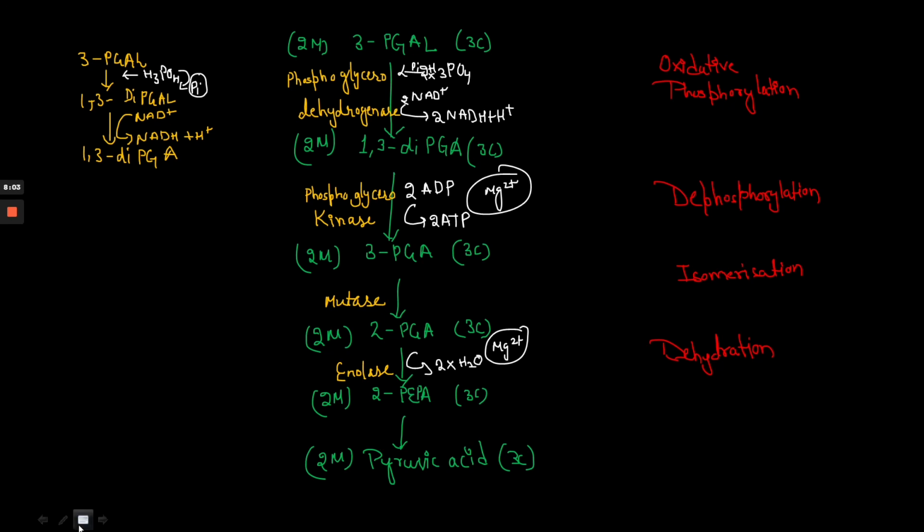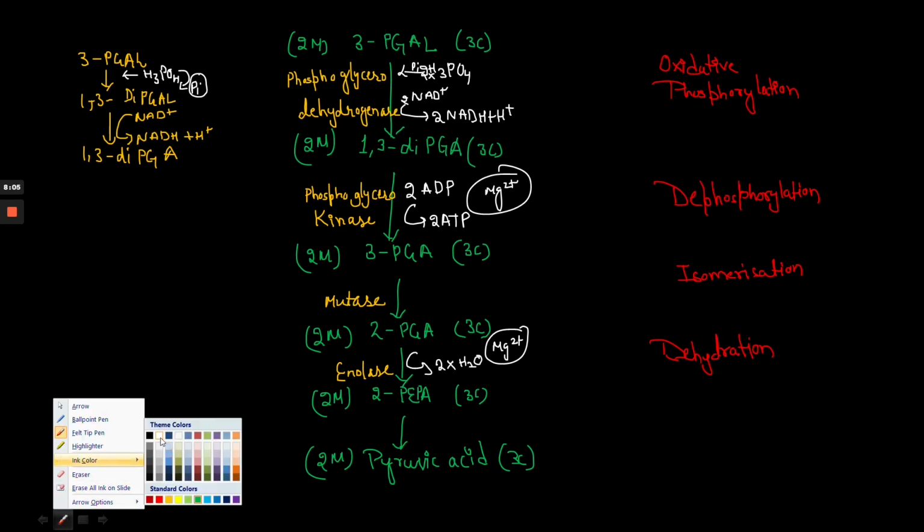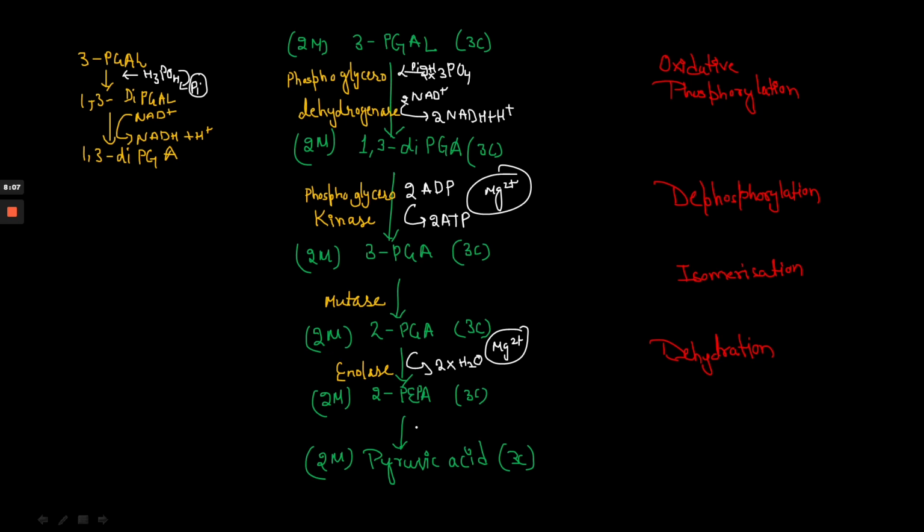Okay, and here in this step, what is happening? 2 molecules of ADP are going to get converted into 2 molecules of ATP in the presence of magnesium plus potassium ions, and this is happening in the presence of an enzyme known as pyruvic kinase enzyme.